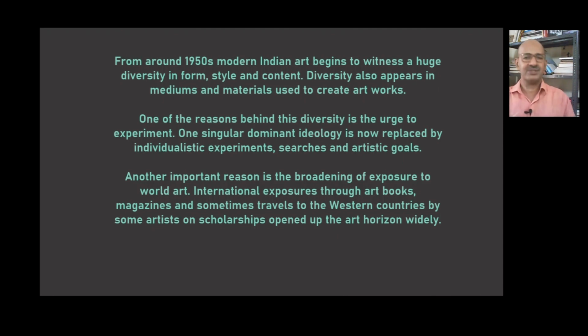Because of the absence of one singular dominant ideology, diversity of thoughts, ideas and concepts became very important to proceed with the developments of modern Indian art, along with new experiments and new artistic goals. So an individual artist could set his or her own artistic goal, irrespective of any group or any dominant ideology.